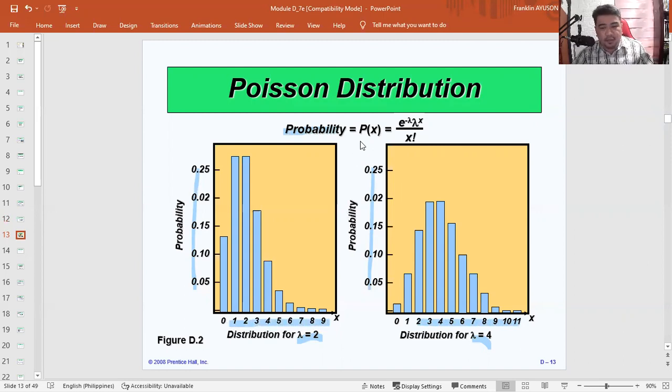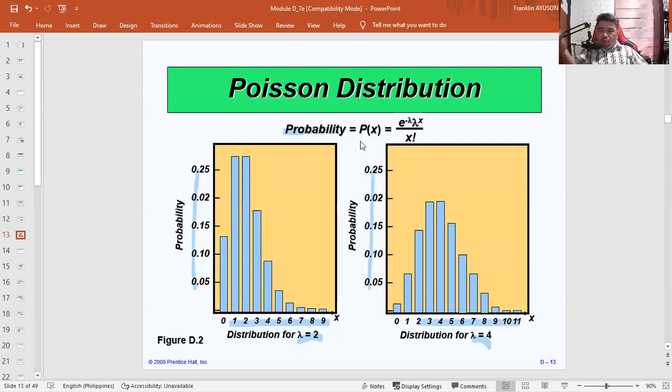In other words, we can actually compute the probability at a certain distribution of lambda, or lambda rate.